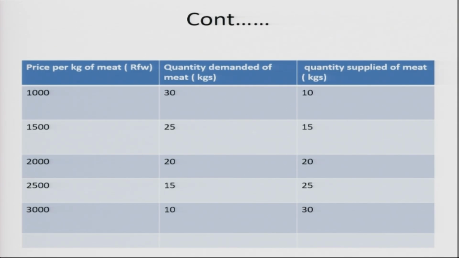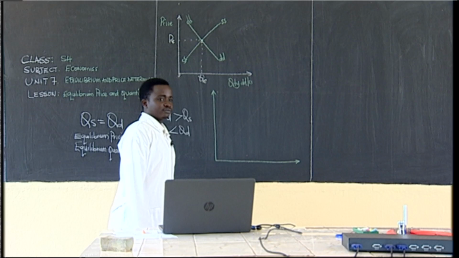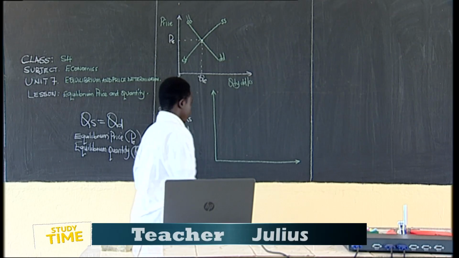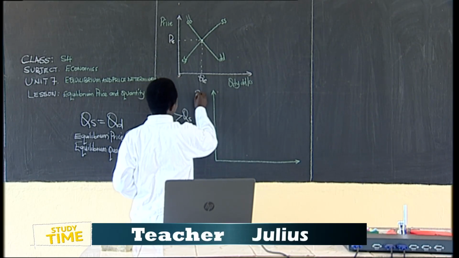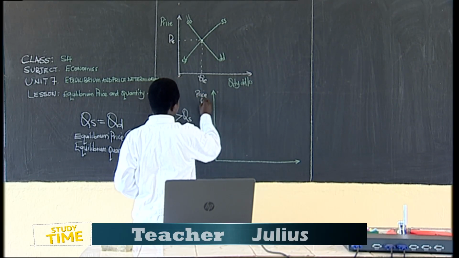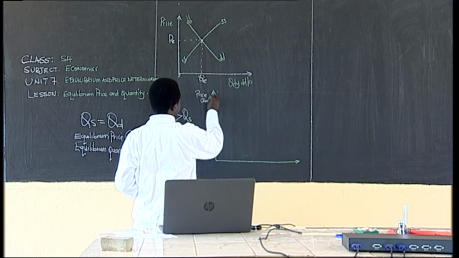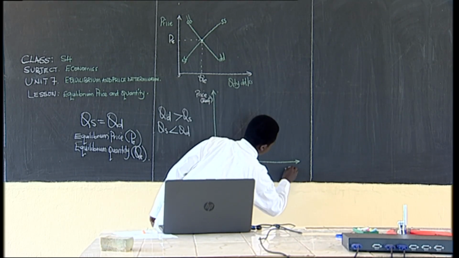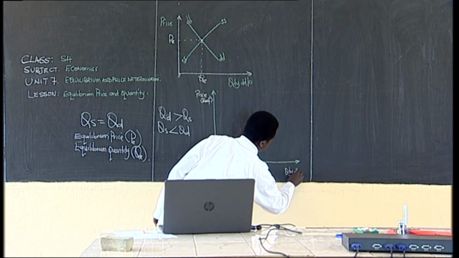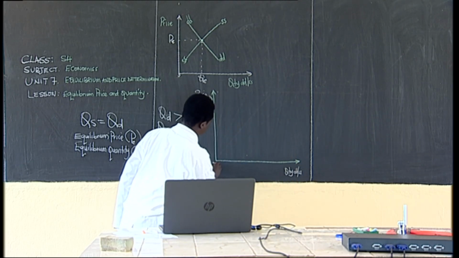If this is our graph, we can try to plot it using the information that we have. Here, this is our price in Rwandan francs. Then here, we may have our quantity demanded or supplied.